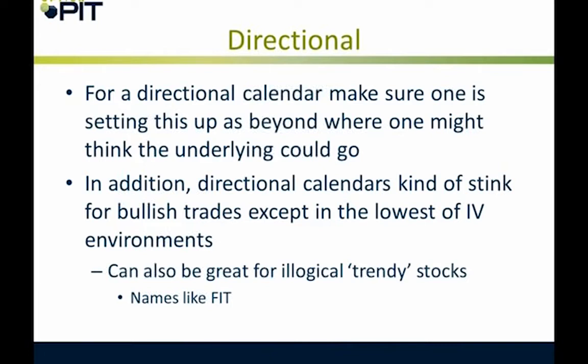But when the VIX is above 14, almost none of my calendar spreads are going to be bullish when I've got a directional pick. All right. It can also be great for illogical trendy stocks, names like Fitbit or Tesla. Calendars can be awesome for it.